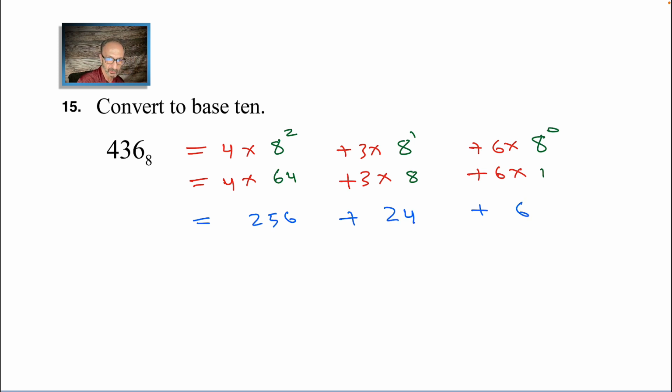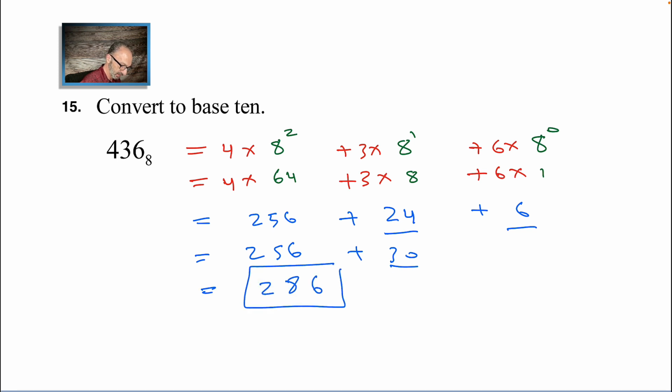We could add either way we want, but the numbers add nicely. For example, 6 and 24 is 30. So we have 256 and 30 more, and that is 286 in base 10. Just to confirm that we're in base 10.